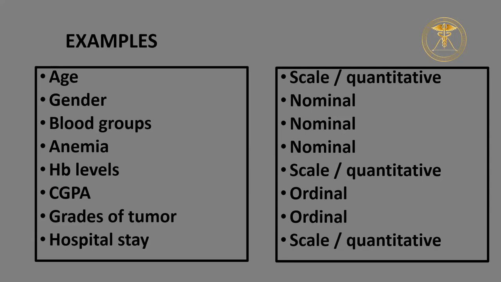CGPA is ordinal, because we say 3, 3.75, 4, 3.25, or good, excellent, fair, poor, all these are ordinal scale. Grades of tumor, for example on the basis of histopathological grading, can be grade 1, grade 2, grade 3, grade 4.